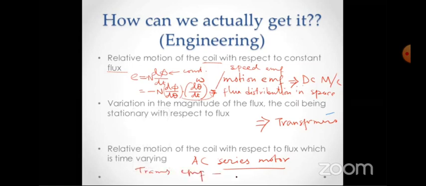The example I have written here, the AC series motor, will be discussed in Machine 3. The AC series motor is there in your curriculum in Machine 3. So you will have both the transformer EMF and speed EMF in the third option.